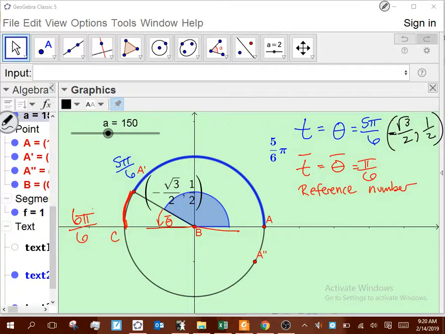Now the reason we're going to do this: grab your calculator real quick and put it in radian mode. I'm just going to have you do radians because that's what's up there, but the same thing happens in degrees; we just have to convert the radians we're using into degrees. Type in cosine of 5 pi over 6.